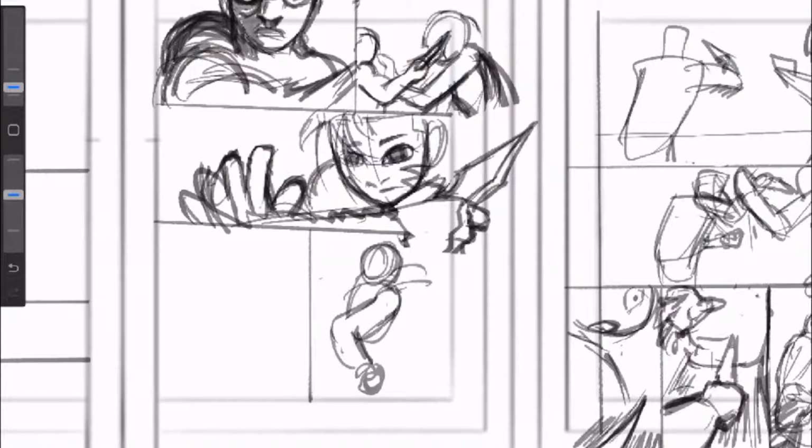This guy's moving his arm all the way back here. So, just a more dynamic pullback pose here.